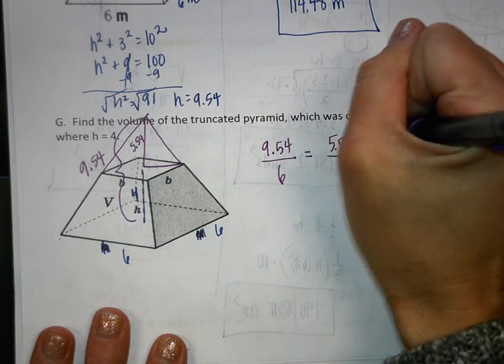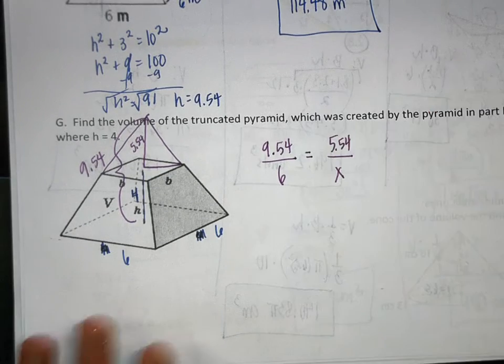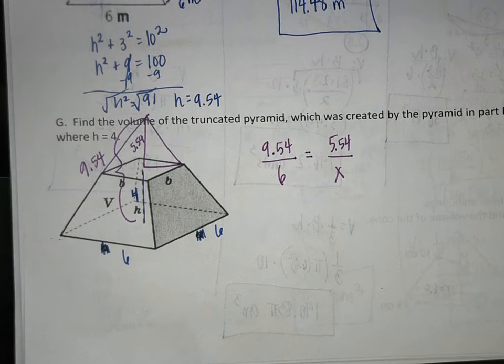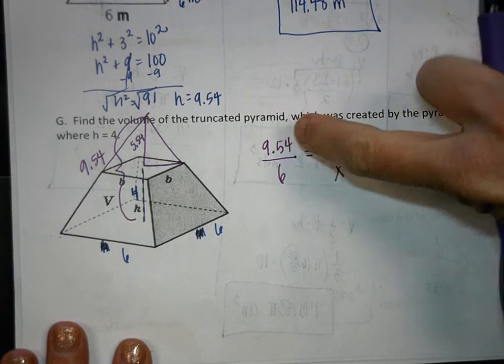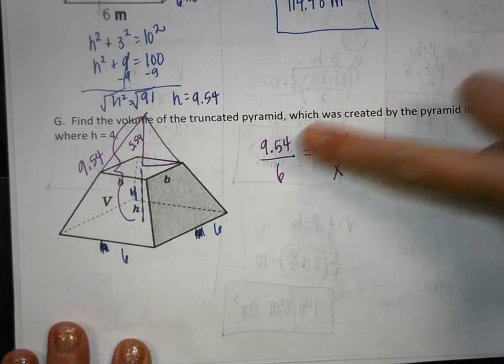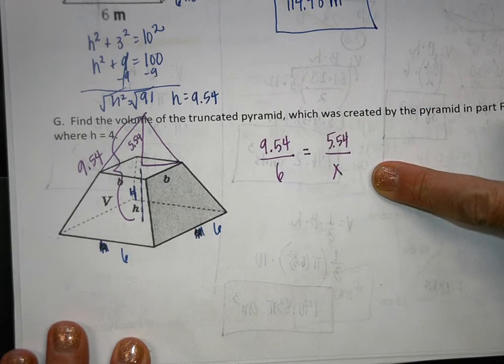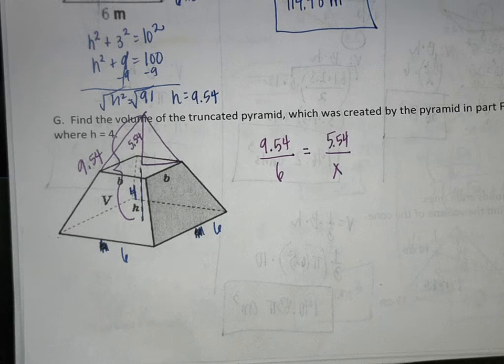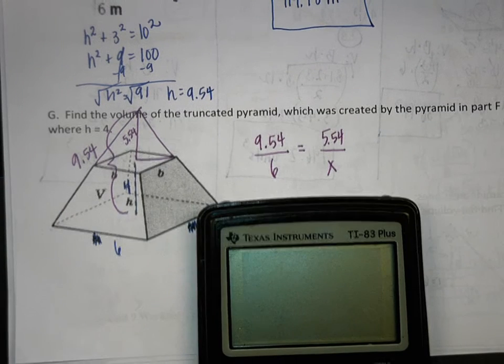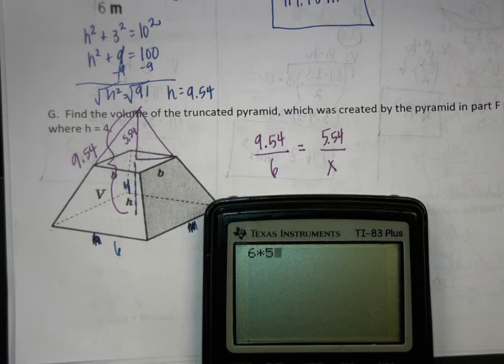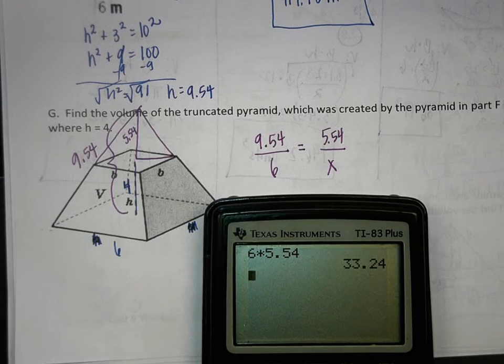5.54 over x. Does anybody have questions about what I've done? Does this make sense? So notice we have the big height over the big base, and then this is the smaller height over the smaller base. So we will cross multiply here. So we have 6 times 5.54. Very good.